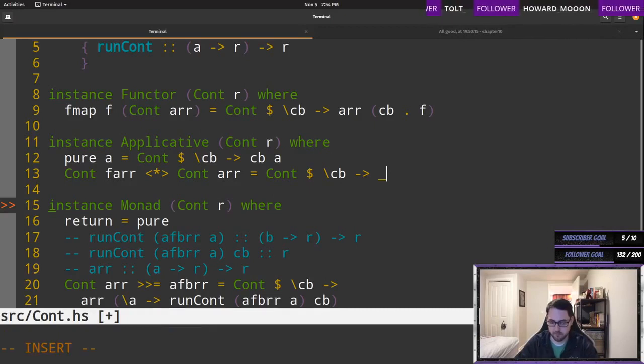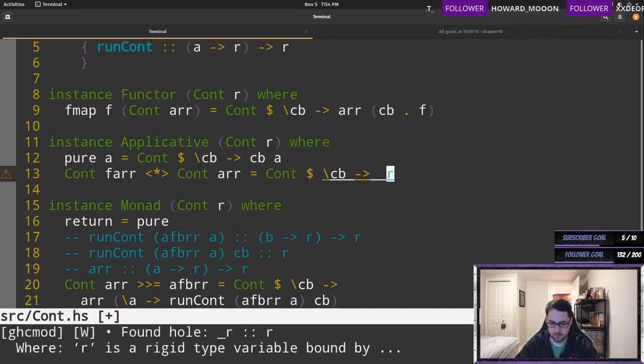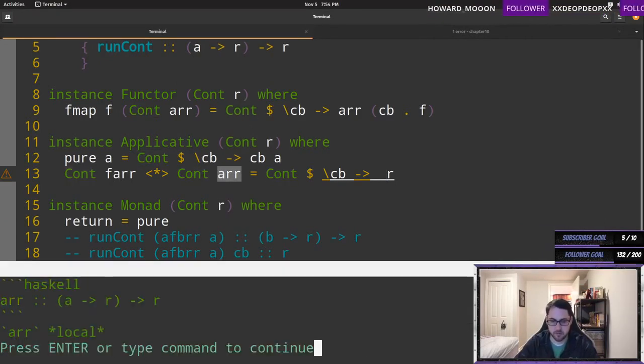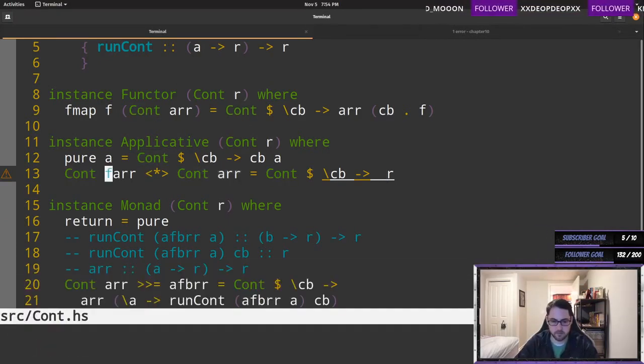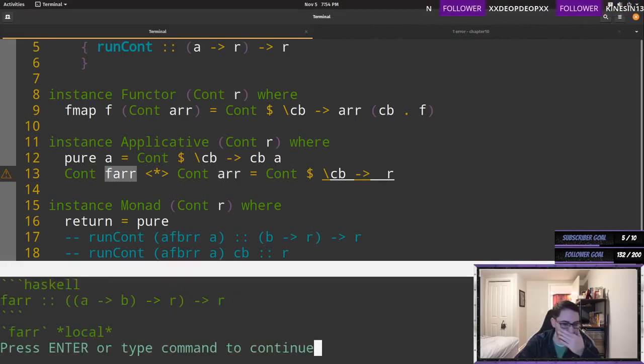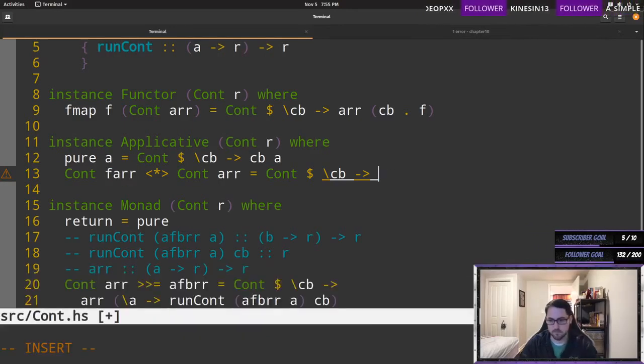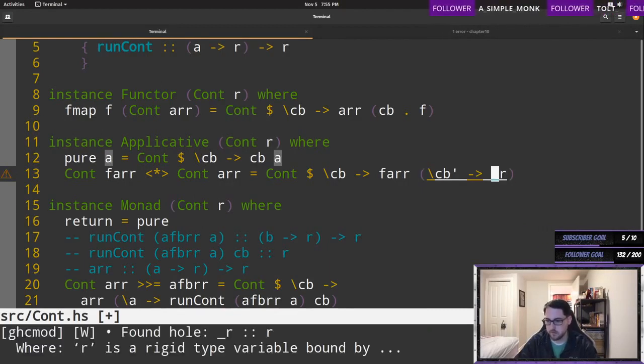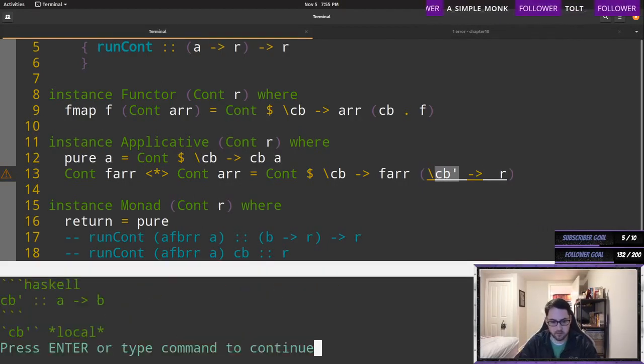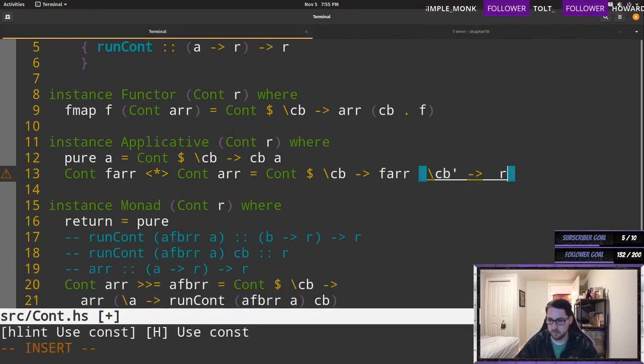Okay, so that's a type R. So that's a B to R. This isn't. I think it's something like this, and then this callback is A to B, right?